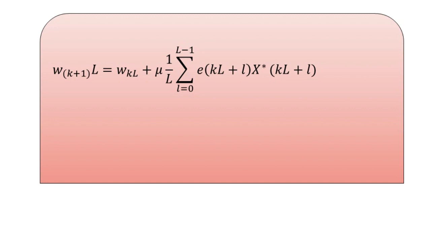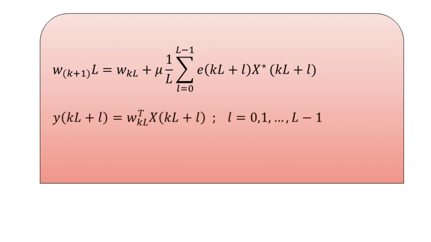Here the output for the kth block can be given by the expression. The output is denoted by small y. Here we have y of kL plus small l equal to the weight transpose, w suffix kL with power capital T, multiplied by x of kL plus small l, where small l ranges over the values 0, 1, 2 and so on up to the maximum capital L minus 1.